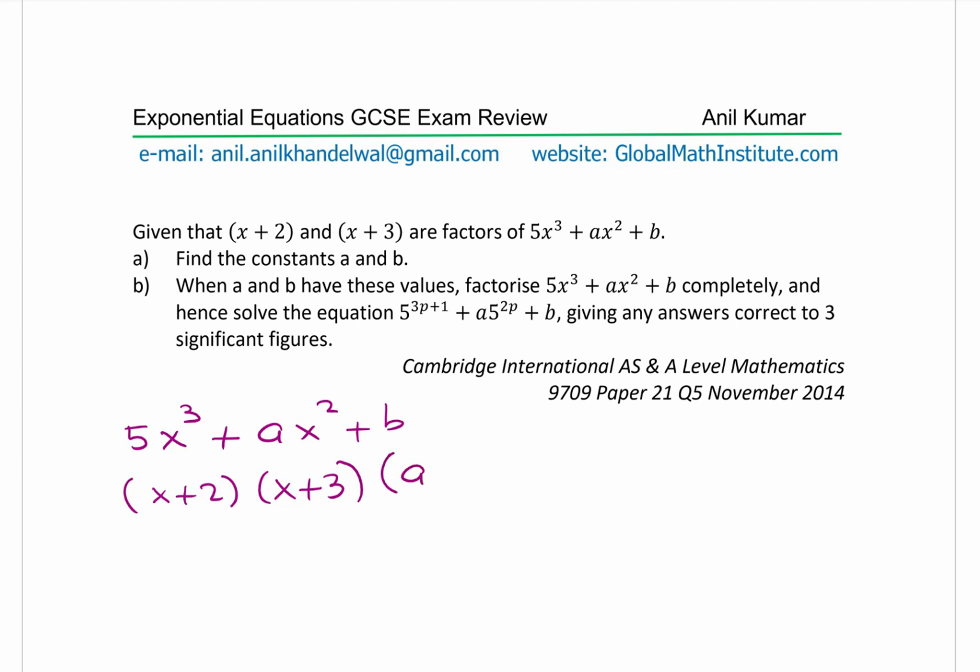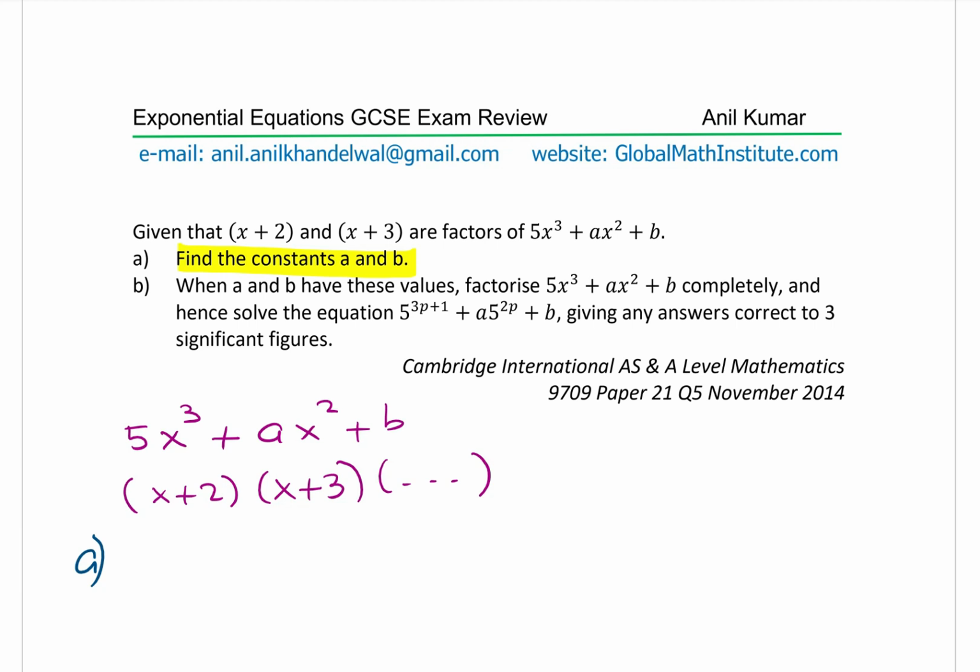So we have to find another factor here which is missing. So that factor we need to figure out. How are you going to find this out? Before that, we have to find the value of a and b, and that is what the question says. Find the constants a and b. So this is your first step. So that is what I mean when I say that they help you laying down the steps to follow so that you could come to the right solution.